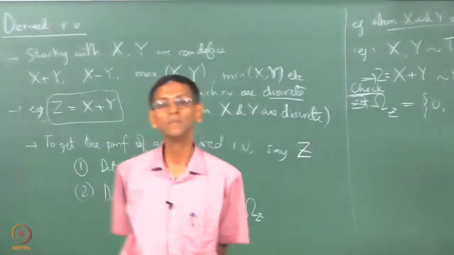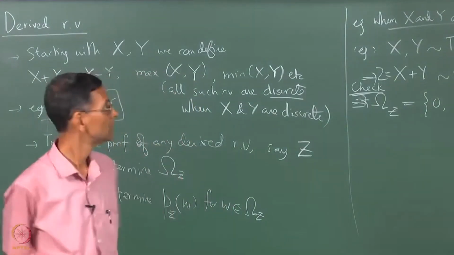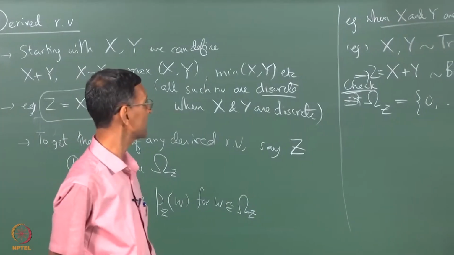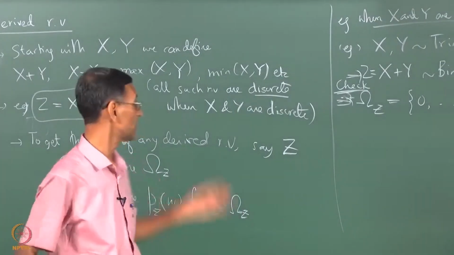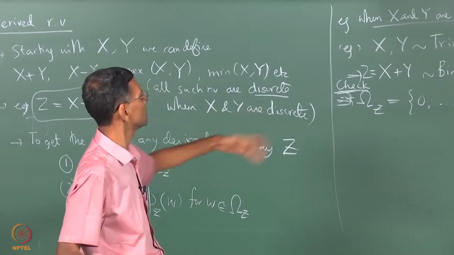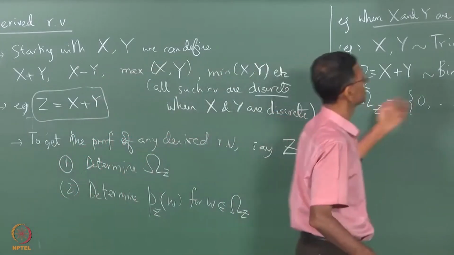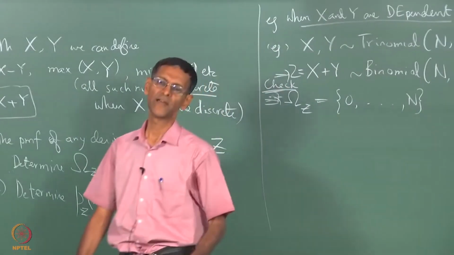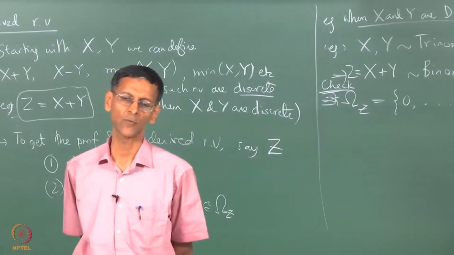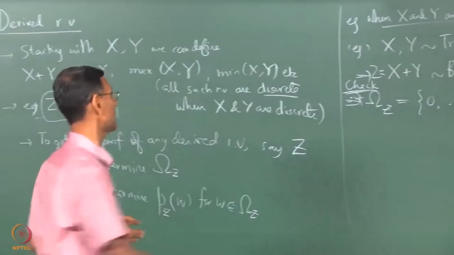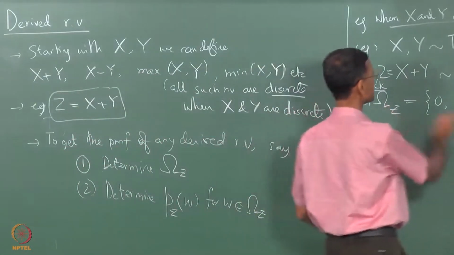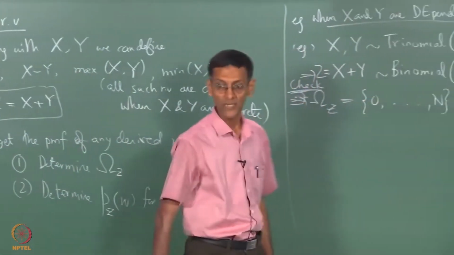It cannot be more than n, right. We have already said you are repeating the experiment n times, and so the count of the two events, for which x and y are the counts, the sum cannot be more than n. Anyway, therefore z is also integer valued and takes values only in this set.